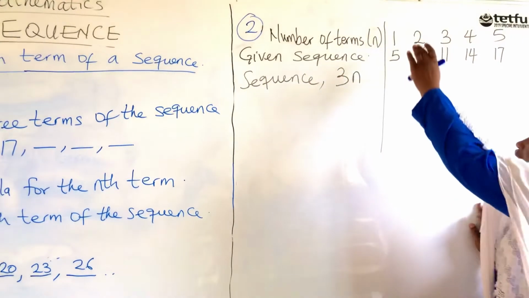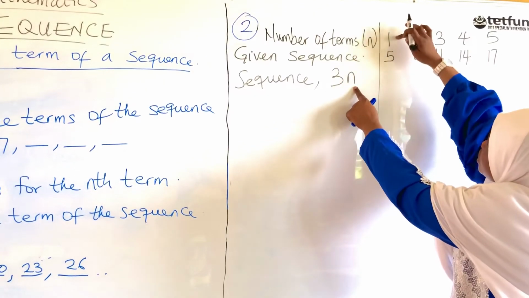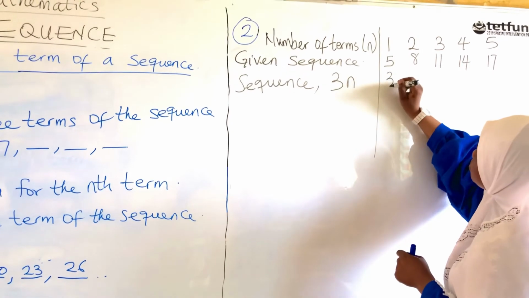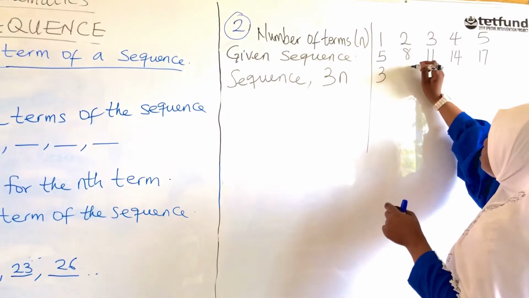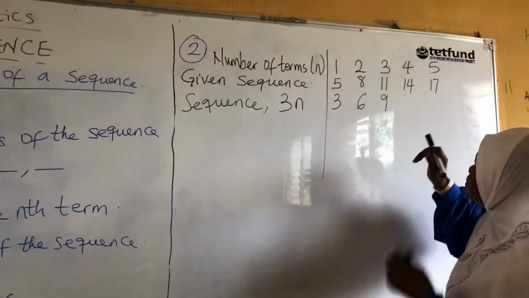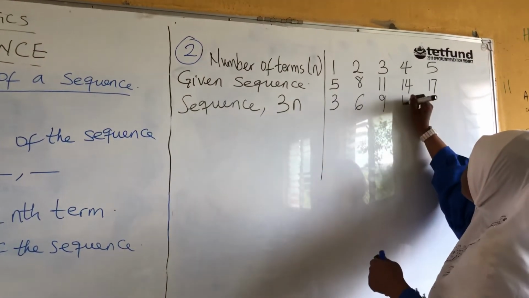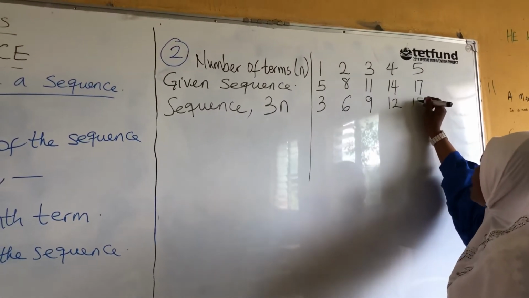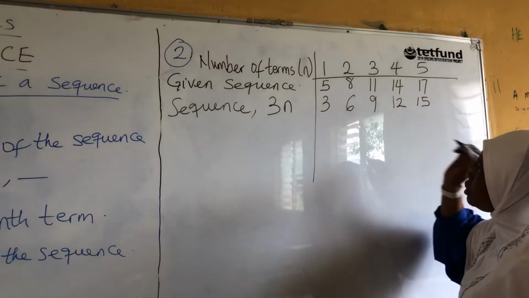Wherever you see n, for the first term you use 1, so 3 times 1 gives us 3. For the second term, 3 times 2, 6. For the third, 3 times 3, 9. For the fourth term, 3 times 4, 12. For the fifth term, 3 times 5, 15. So you cover this place; do not have anything to do with this one now.